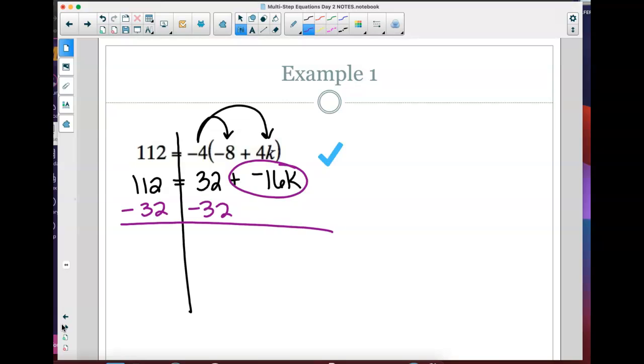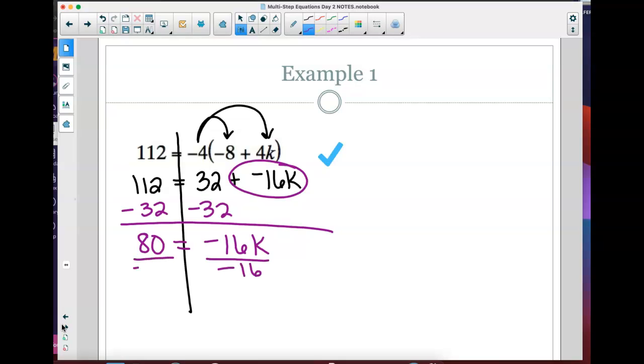112 minus 32 is 80. Equals our -16k. And what's our last step? How do I get rid of the -16? Kimberly. Divide by -16.